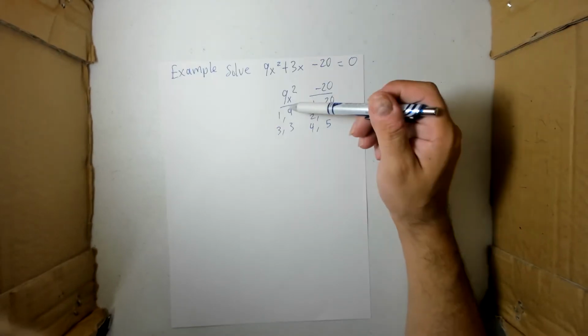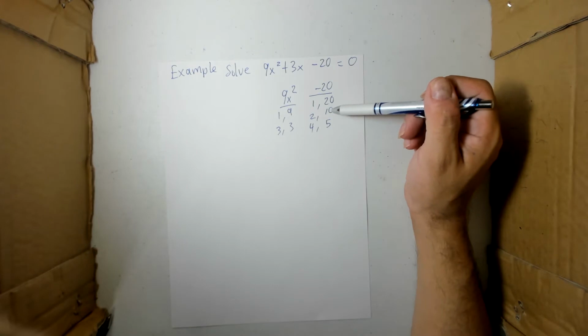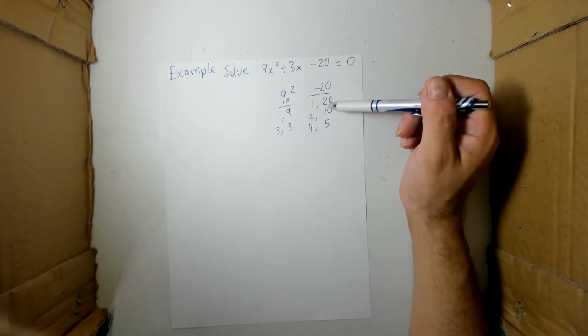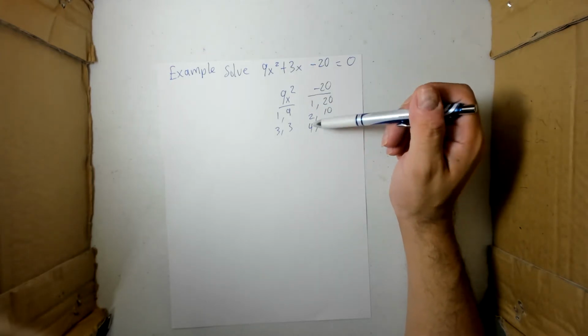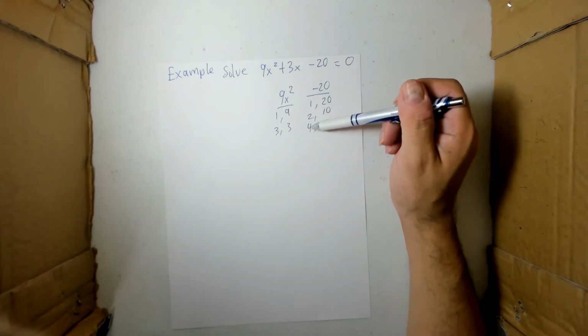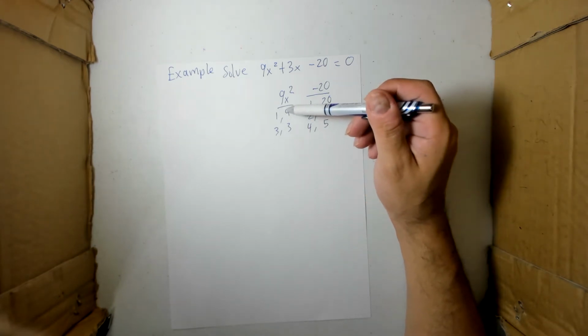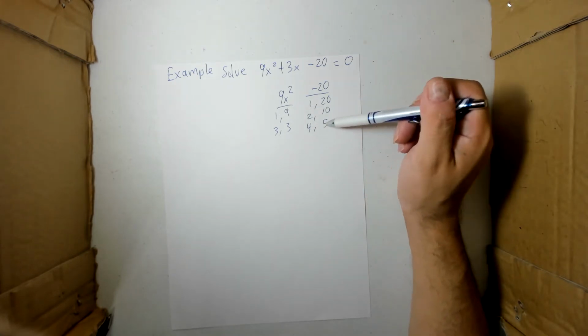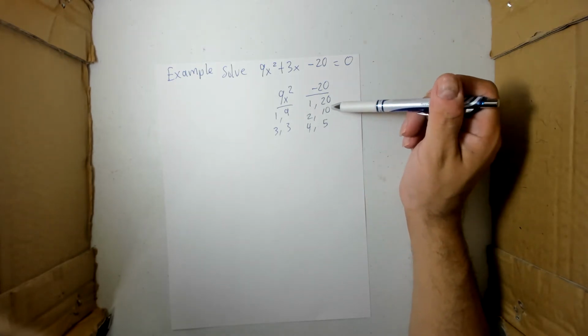And of course, if I do 9 times 10, that's 90, and then 1 times 2 is also nowhere near 3. If I do 9 times 5, that's 45, and 1 times 4. On the other hand, 9 times 4 is 36 and 1 times 5 is 5. 36 and 5 are hugely separated.